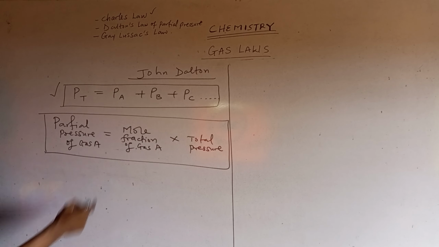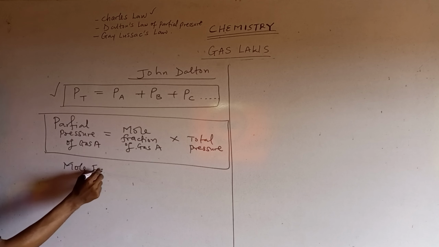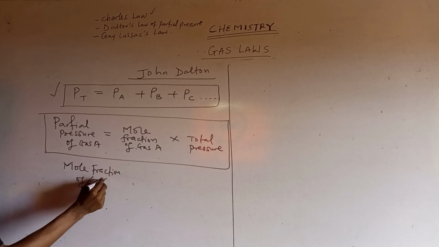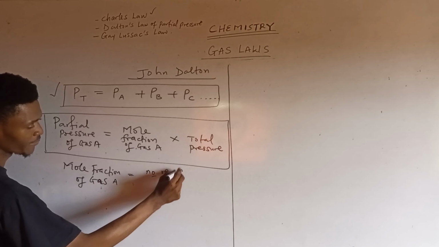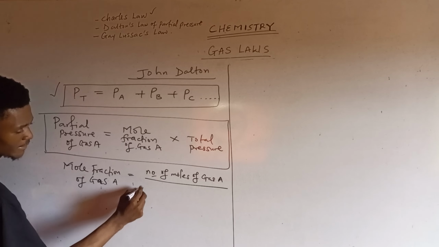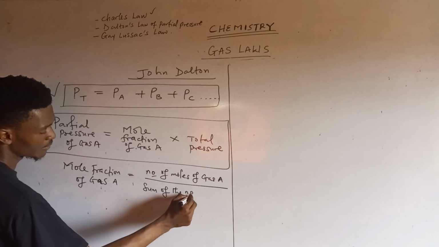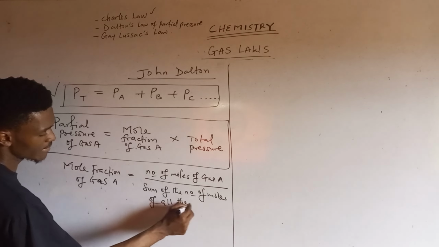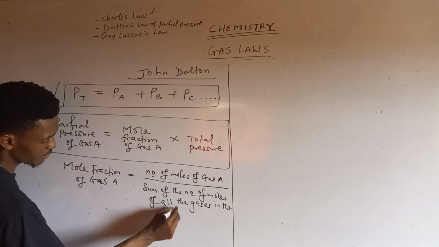So how do you now get the mole fraction of a given gas? The mole fraction of, let's say, gas A is given by the number of moles of gas A over the sum of the number of moles of all the gases in the mixture. All right.